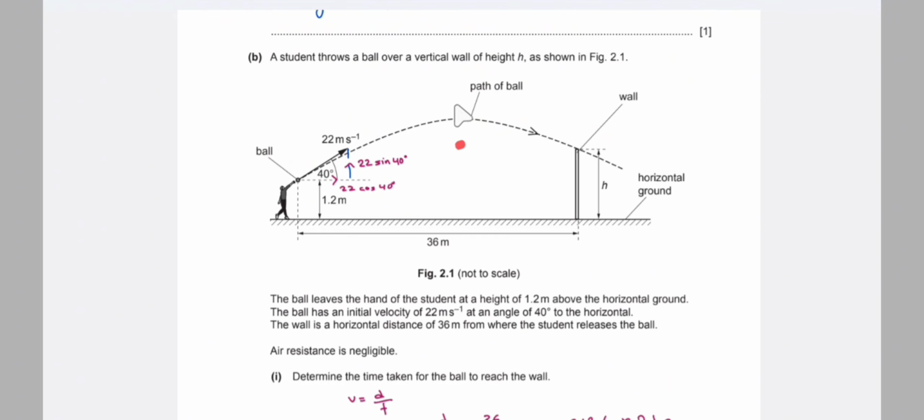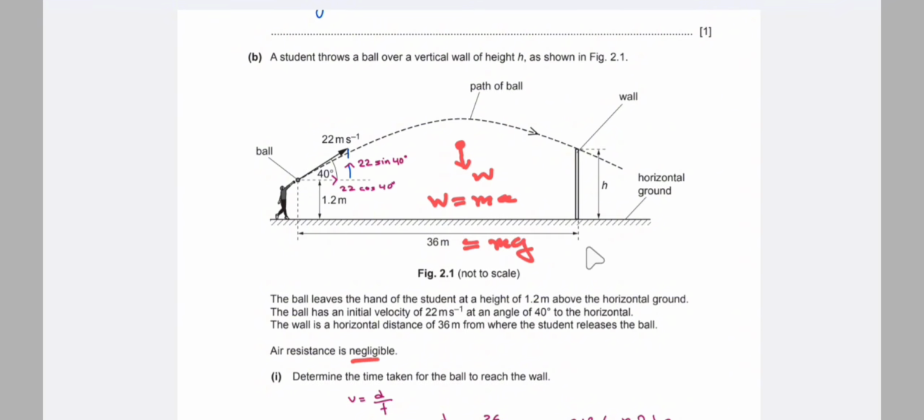Now for the ball in the vertical direction, we know that the weight is acting vertically downward. And since air resistance is negligible, there is no other force acting in the vertical direction. So only weight is acting, and since only weight is acting, weight is equal to mass into acceleration. So here the acceleration is the gravitational field strength.